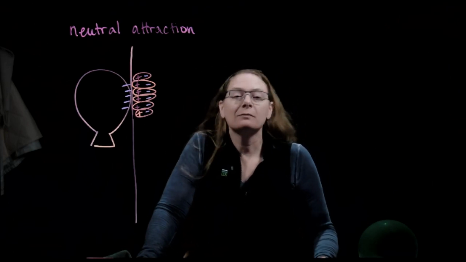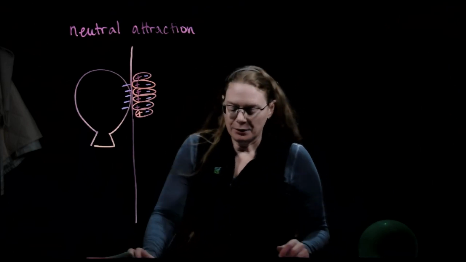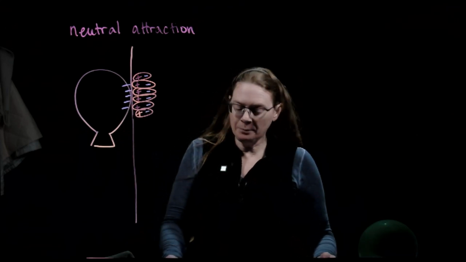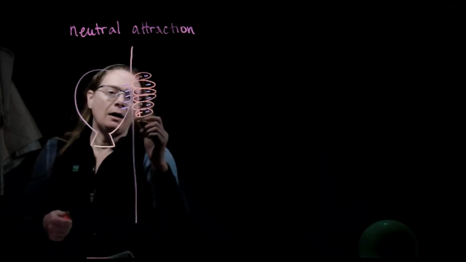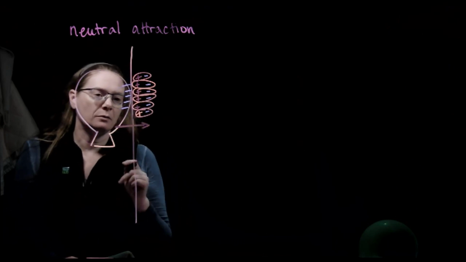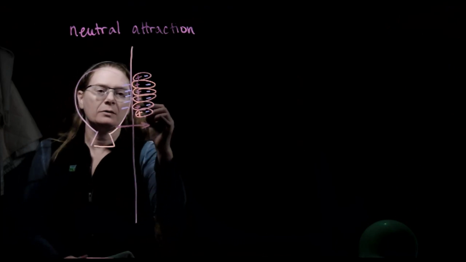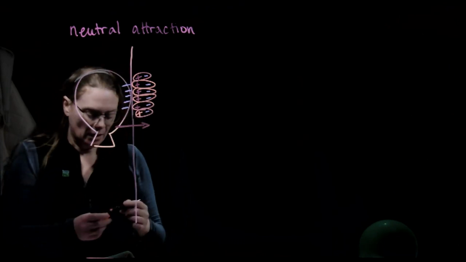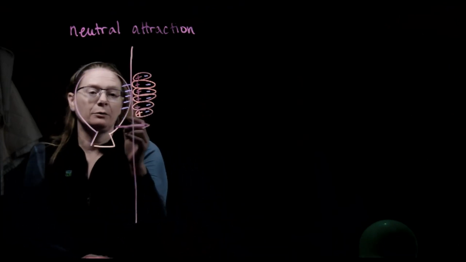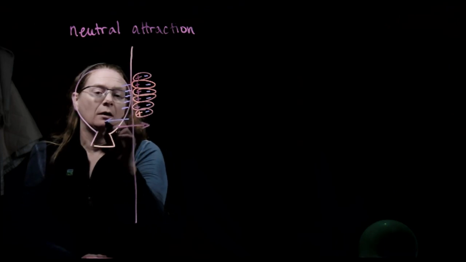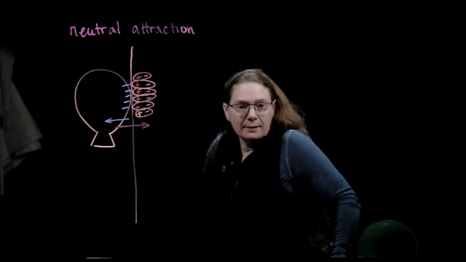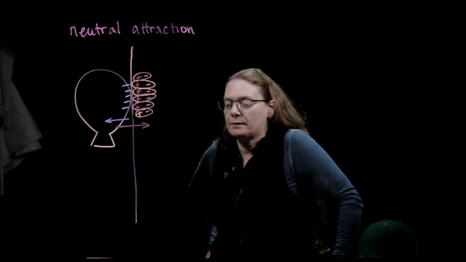Closer together, more force. So what happens with neutral attraction? The positives are pulling the balloon towards the glass because opposites attract. The negatives are repelling the balloon, pushing it away. So why does it overall attract?